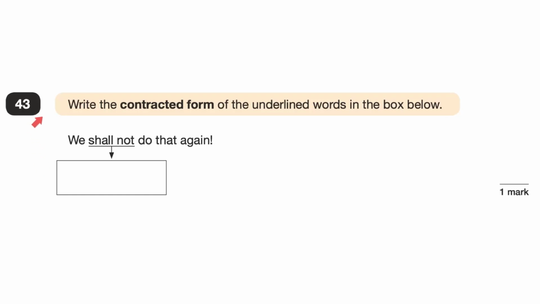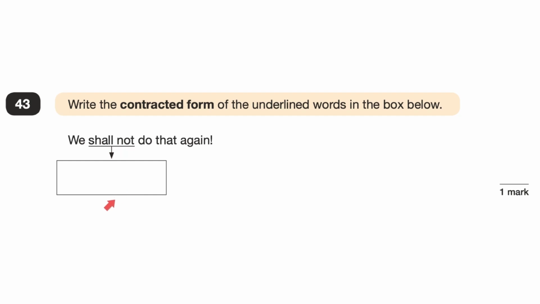So again, question 43, much further on in the paper: write a contracted form of the underlined words in the box below. Don't let this phrase fool you. It's basically just saying contract these 2 words. So shall not, what would that become if it was a contraction?